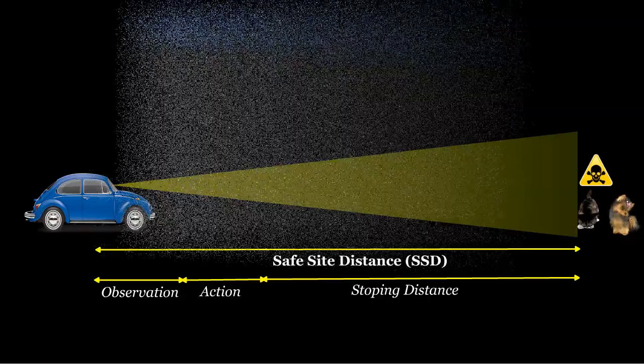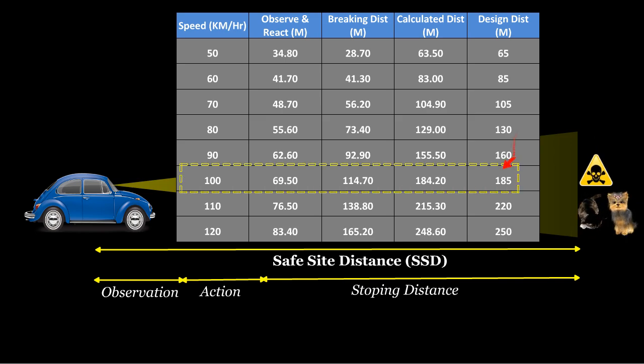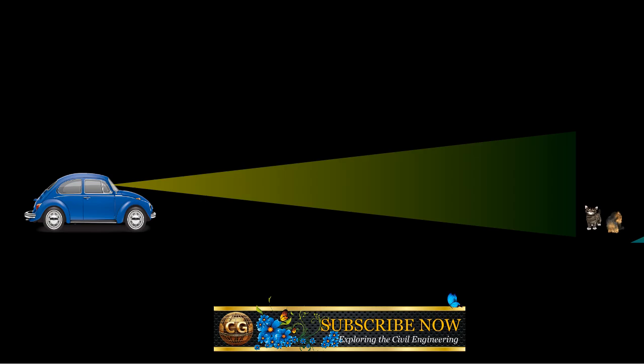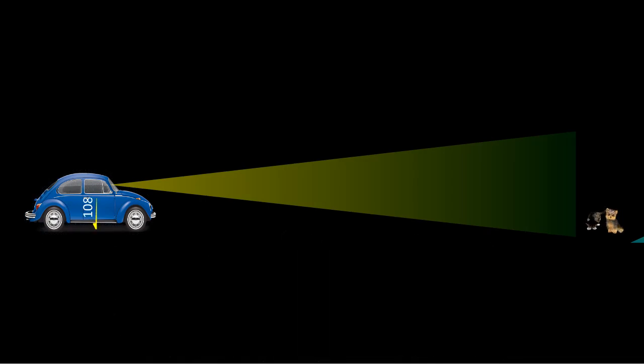For example, according to the American Association of State Highway and Transportation Officials, AASHTO, a vehicle traveling at 100 km per hour requires at least 185 meters to come to a complete stop safely. Design considerations for sight distance. The driver's eye level is typically 1080 mm, 3.5 feet above the road.